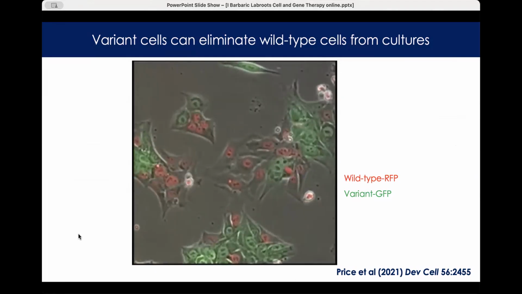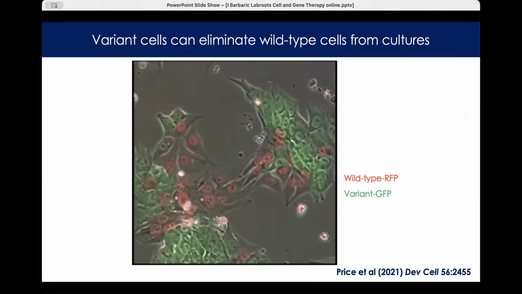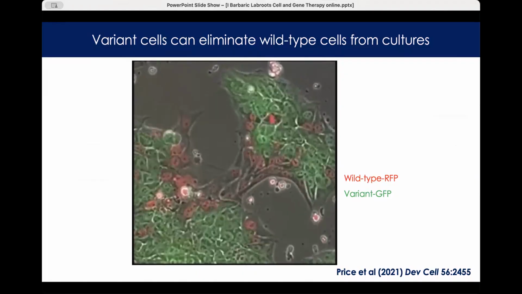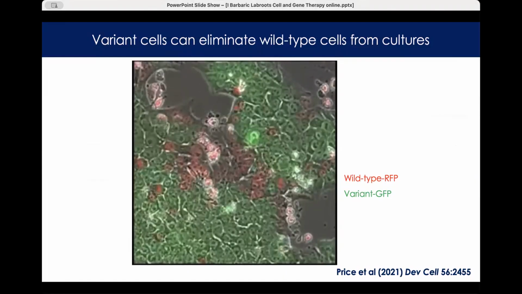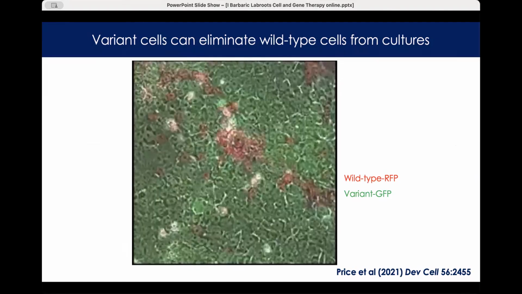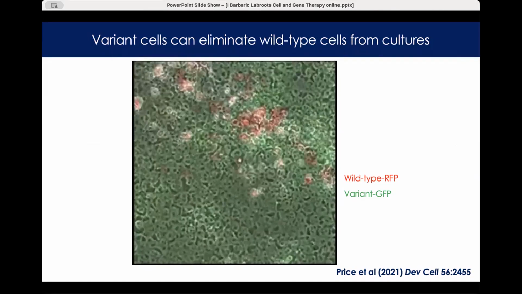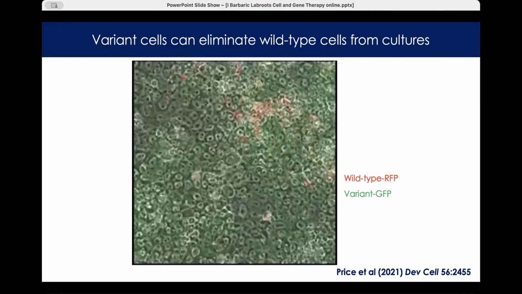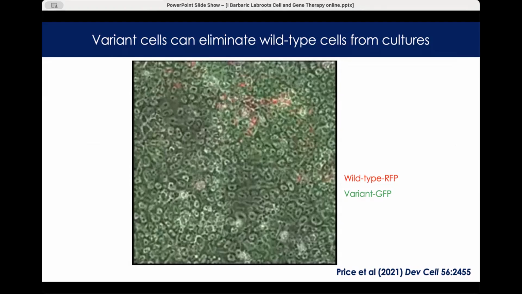And really this was revealed in a study we did a few years ago where we mixed wild-type cells labeled here in red with their variant counterparts labeled in green. We mix them and observe how these cells behave over several days in culture. And what we see is that, in this type of interaction, variant cells corral wild-type cells and then effectively eliminate them from culture.